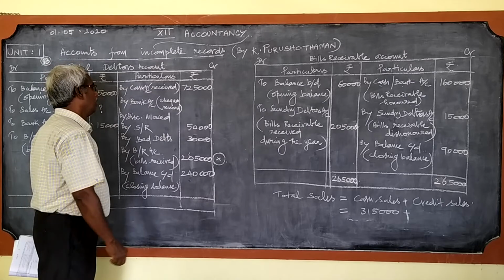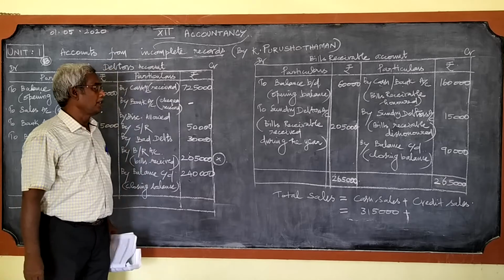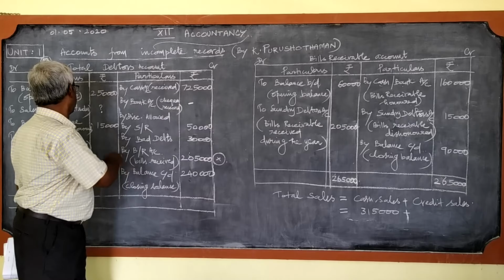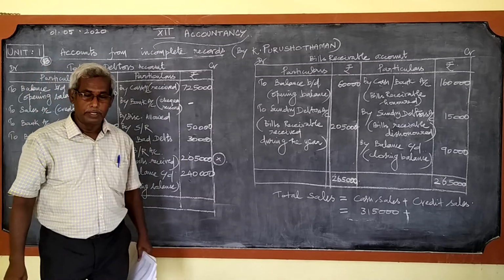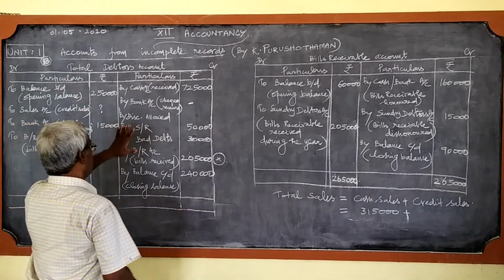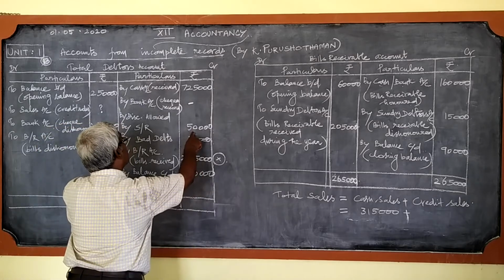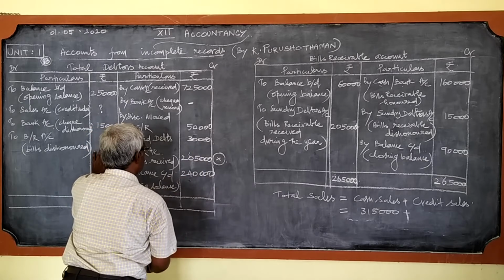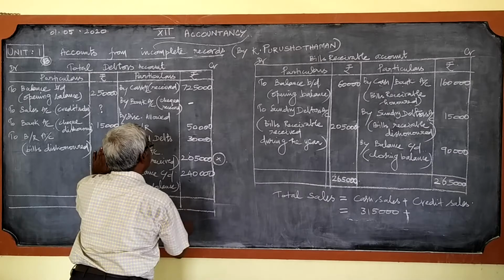2,05,000. Now we have come to the final stage. No check is received, it is given. So we have come to the final stage. We must find the amount of credit sales using this format. Now you find the total of this credit side: 85, 85, 10, 10, 10, 50, 12 lakhs 50,000.